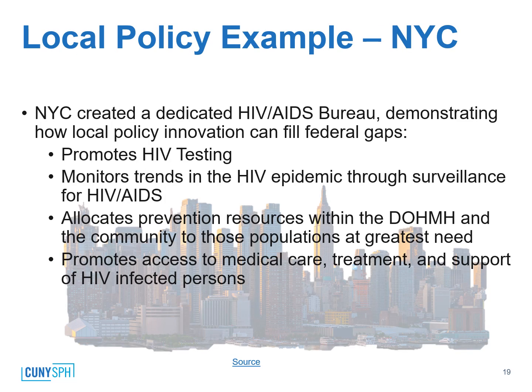Local policies can also lead the way. For example, in New York City, the government established a dedicated HIV/AIDS bureau before most other states and cities, which shows how local innovation can fill federal gaps and create models for others.